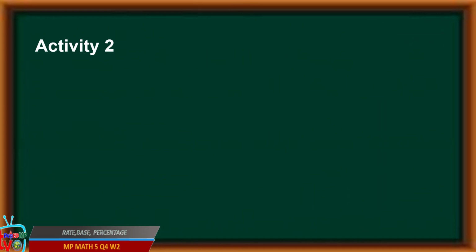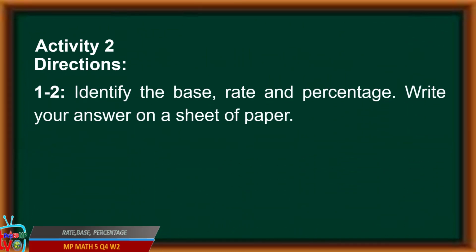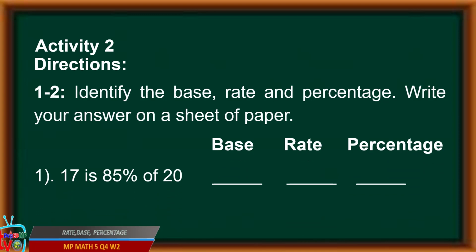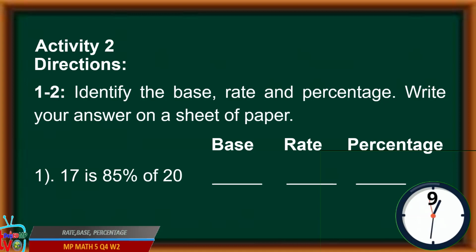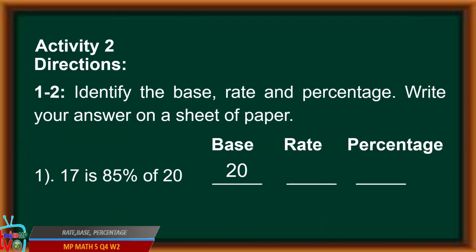Let's go to activity 2, directions. Numbers 1 to 2, identify the base, rate, and percentage. Write your answer on a sheet of paper. Number 1. 17 is 85% of 20. Correct answers are base 20, rate 85%, and percentage 17.